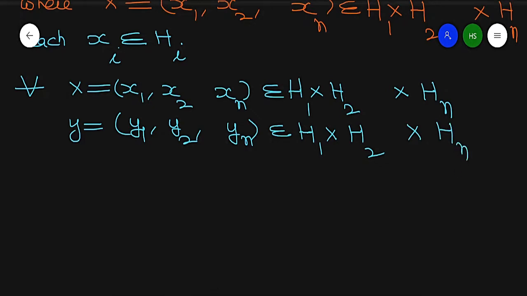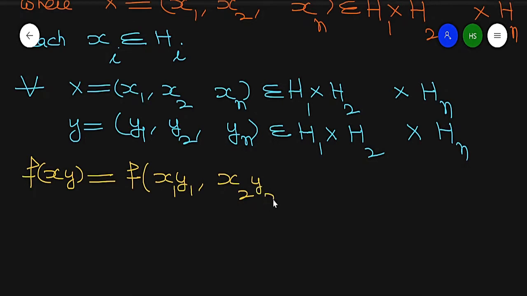Now to prove it is a homomorphism, I take f of xy. So what is this product xy? Which is x1y1, x2y2. So this will become f of x1y1, x2y2 and so on xnyn.